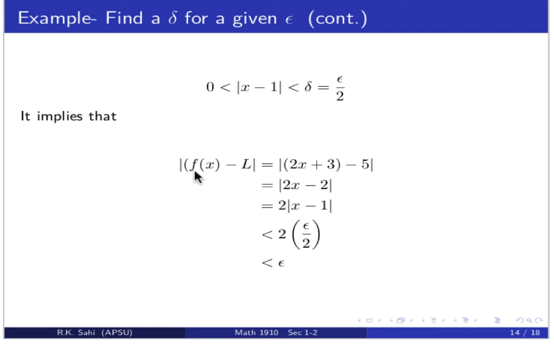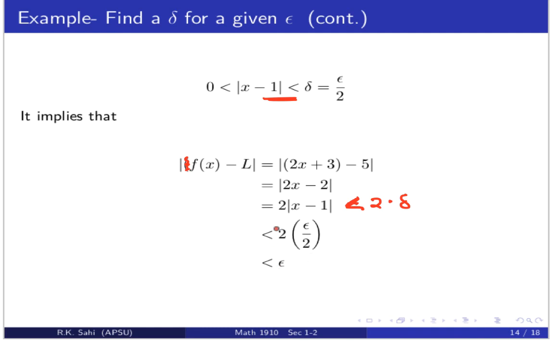So when we go back over here, we have |f(x) minus L|, once again it's a little typo, is less than |2x plus 3 minus 5|, which is |2x minus 2|, which is 2 times |x minus 1|. So when this is here, remember this coefficient of x minus 1 is 2, this is less than, because that's what's given, |x minus 1| is less than delta, so 2 times delta, and this delta is epsilon by 2, and that is less than epsilon.